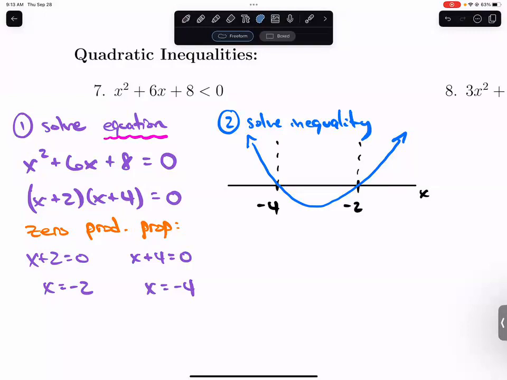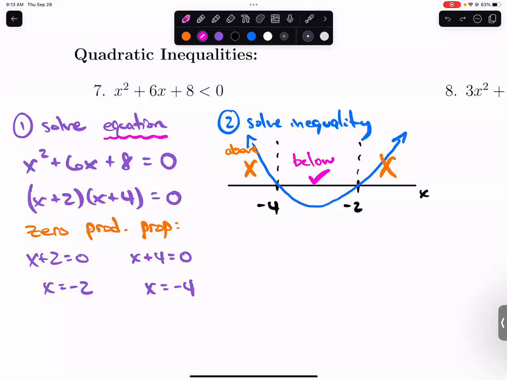So the solution is going to be negative 4 to negative 2, right? It's not true out here because out there the graph sits up above the x-axis. Here, though, that's what we're looking for. This section of the graph sits underneath the x-axis between those two points.